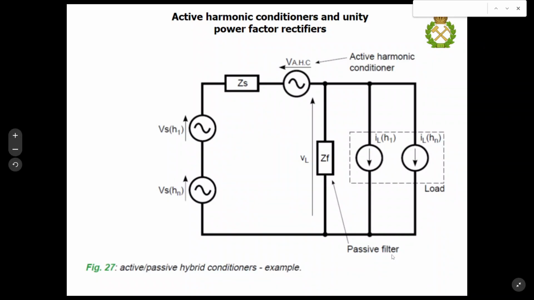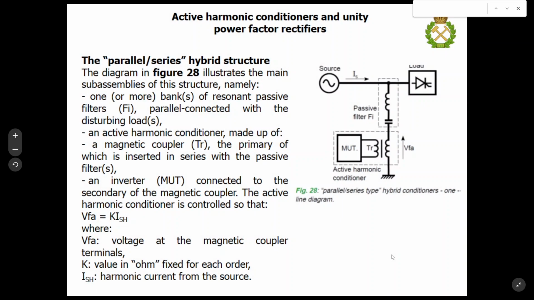For example, here you may see a diagram to illustrate the application of an active harmonic conditioner as the active part of our hybrid topology voltage active harmonic filter, and some passive filter connected in parallel with this active filter. And so you may see the voltage distortions and current distortions from the load. And this example illustrates the main hybrid topology.